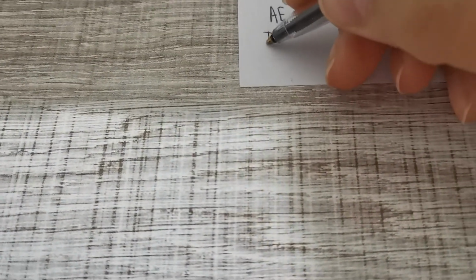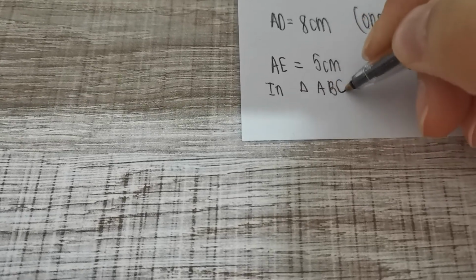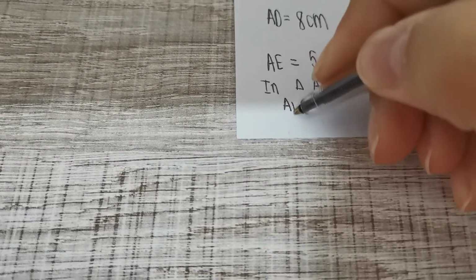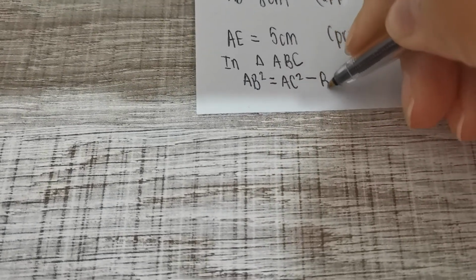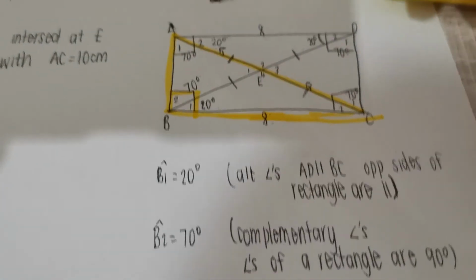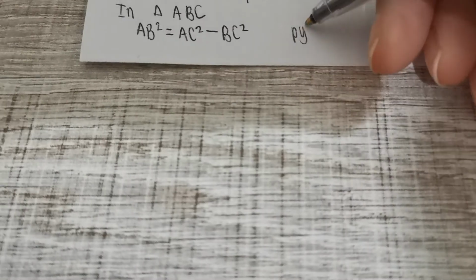So we're going to say in triangle ABC, AB squared equals AC squared minus BC squared. I took the hypotenuse squared minus the side here squared to give me that side there. I'm going to write Pyth because that's the reason.